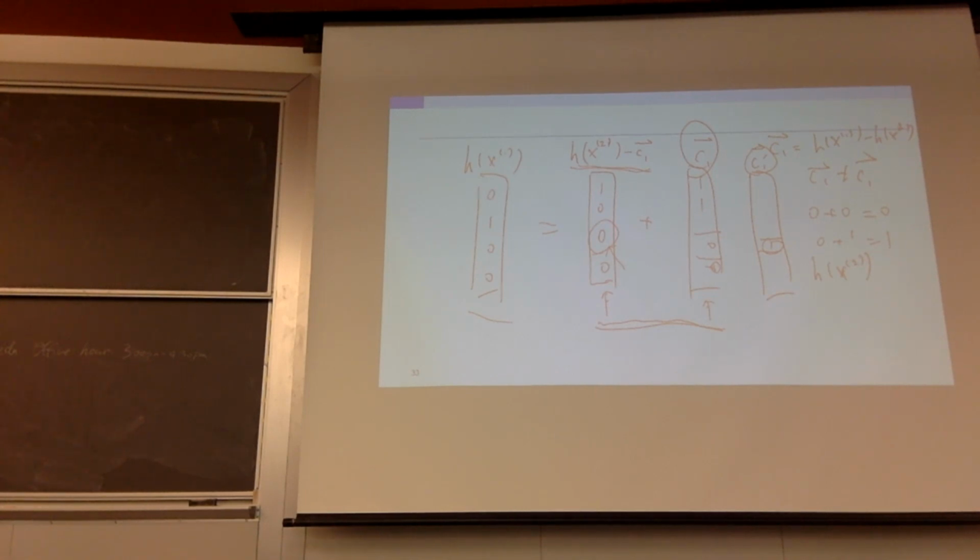Make sense? So out of how many choices do you have for C1? Remember, C1 has a size of n times 1, so you have 2 to the power of n choices of C1, but only one of them is going to make h of x1 equal to h of x2.